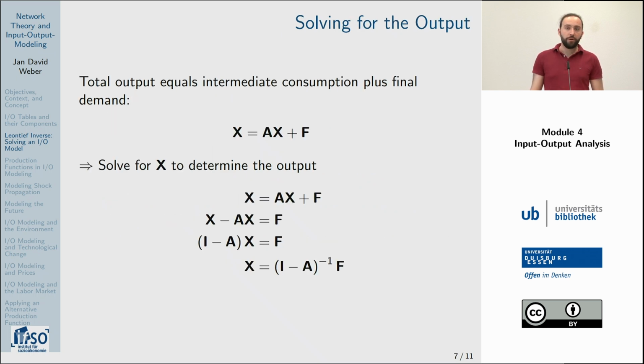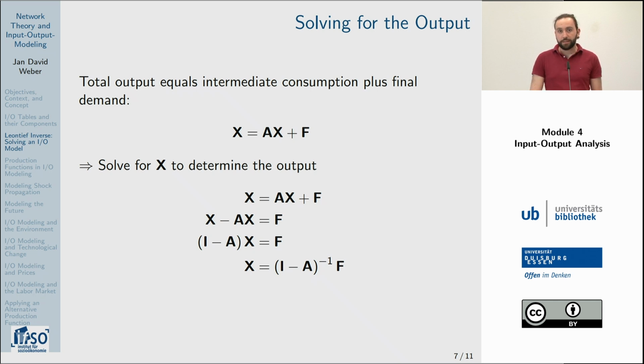And if we want to solve the input-output table in a way of like, what is the total production of an economy given input factors, we know that the total output must be equal to the intermediate consumption, so all the goods that are flowing in the economy, which is this technical coefficient matrix multiplied with the total output, and we add to that the final consumption.